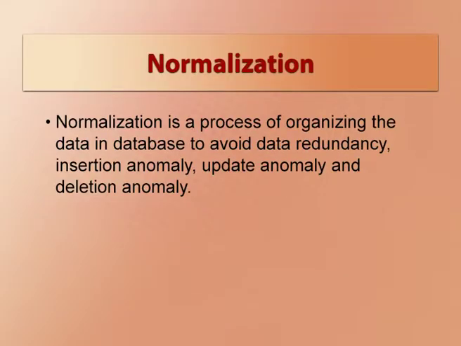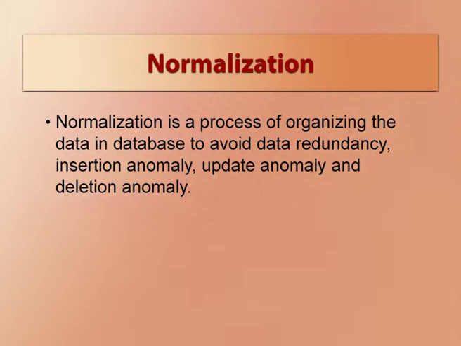You have to do the normalization process and only then use it, in order to avoid the redundancies, data inconsistencies and the anomalies that we had seen. So the process that we have to follow is the normalization process. It organizes the data in the database to avoid data redundancy and all the three anomalies that we had seen.